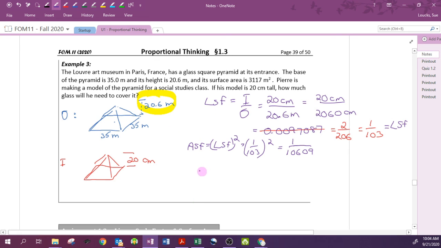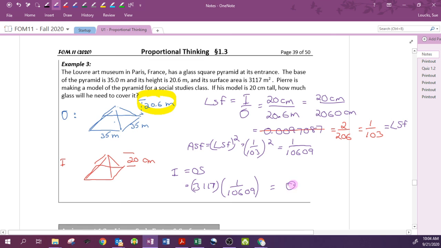All right. I'm doing this one a little differently than the other one. This time I'm going to use my I equals OS formula. The image is the original times the scale factor. So my original is 117 times my scale factor, which is 1 over 10609.